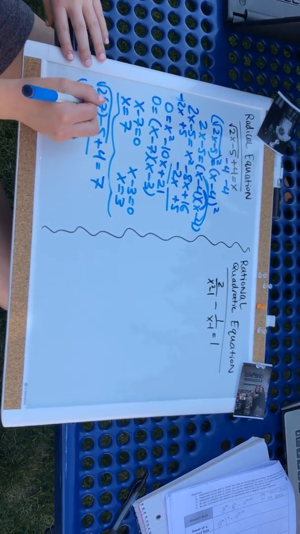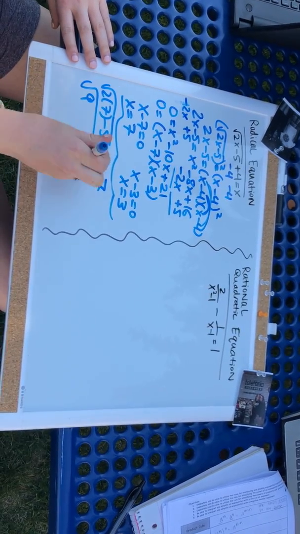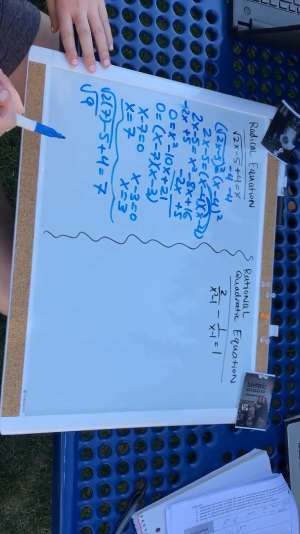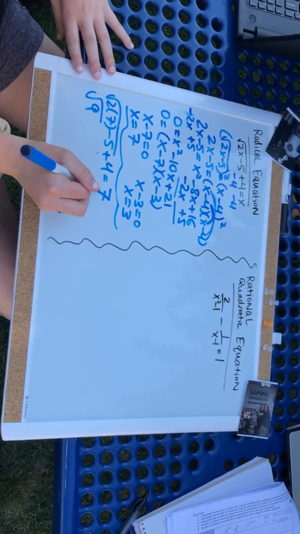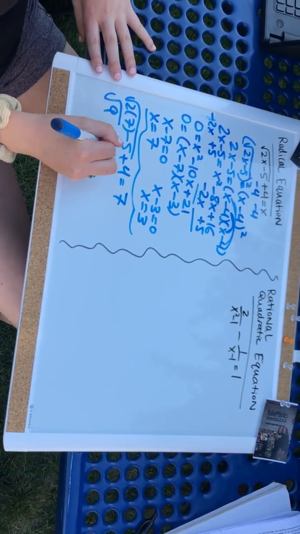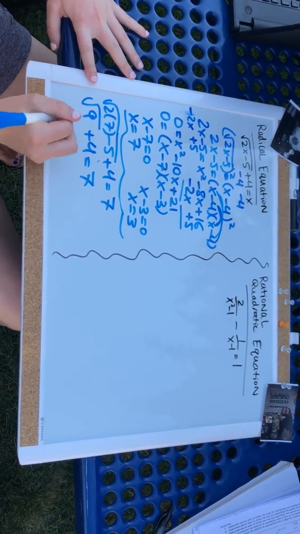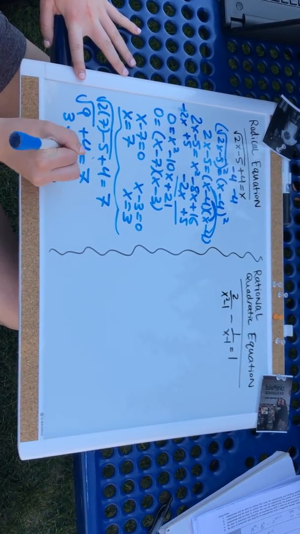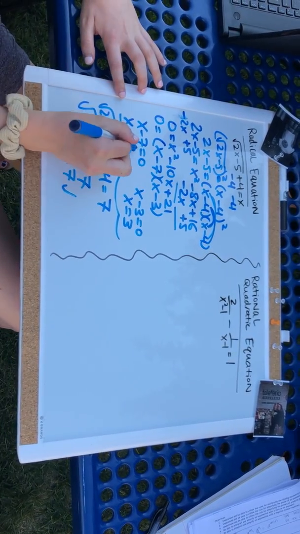So 2 times 7 is 14, minus 5 is 9. And then that's plus 4 on the end, but we can just leave it. The square root of 9 is 3. 3 plus 4 equals 7. And that's correct. So we know that this is correct.